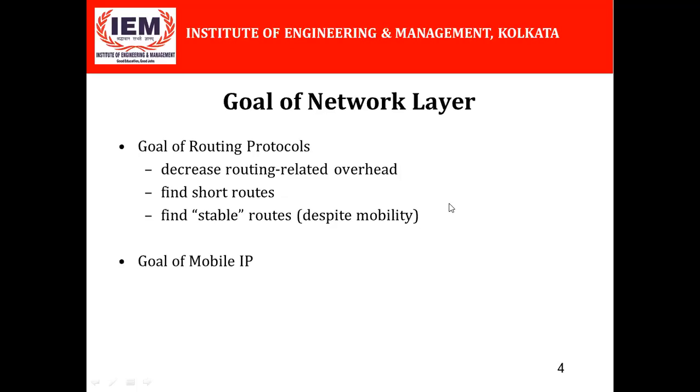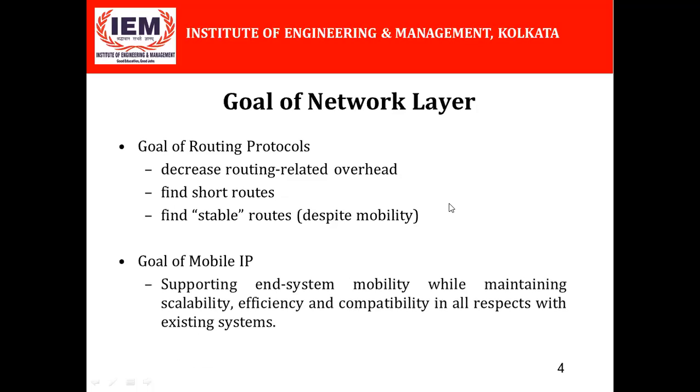When I want to think about the goal of mobile IP, what is the main objective? Supporting end systems or terminal systems that can have some mobility while maintaining scalability, efficiency, and compatibility in all respects with existing systems, because scalability is the most important thing.